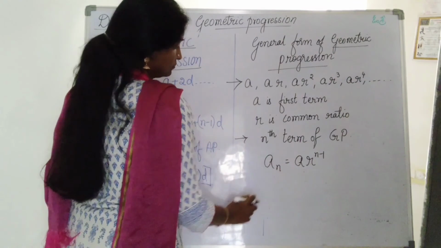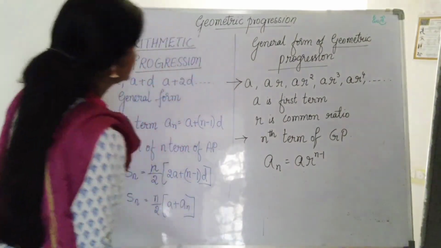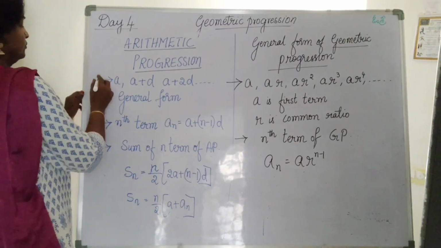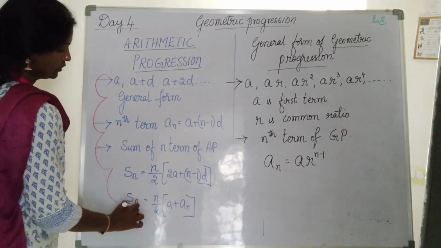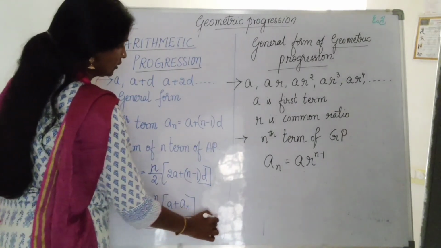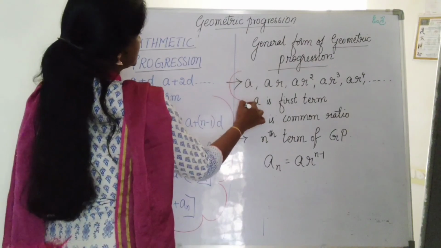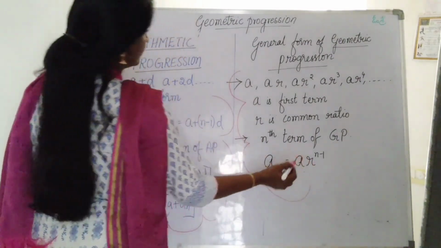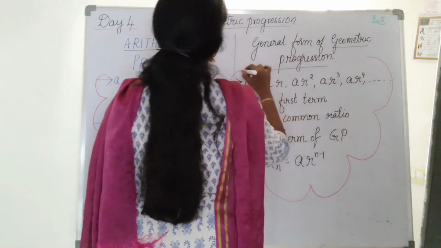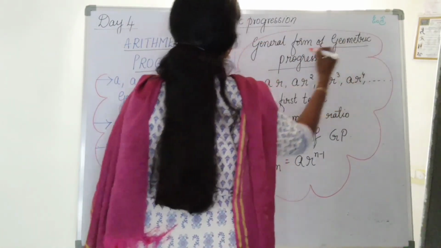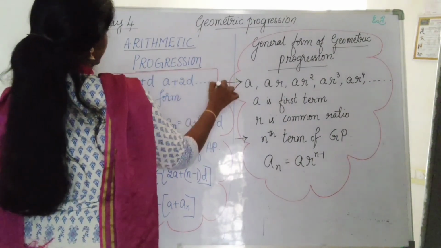So these are the two types of progressions that we have learned: geometric progression and arithmetic progression.